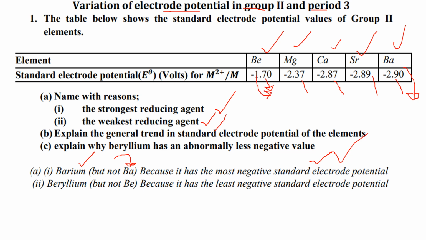Like I said, avoid using symbols, make sure that you write the word in full. And if you don't know the spelling, always refer to the periodic tables that they provide you in your laboratories. So beryllium, because it has the least negative standard electrode potential, and that's the main reason for that.